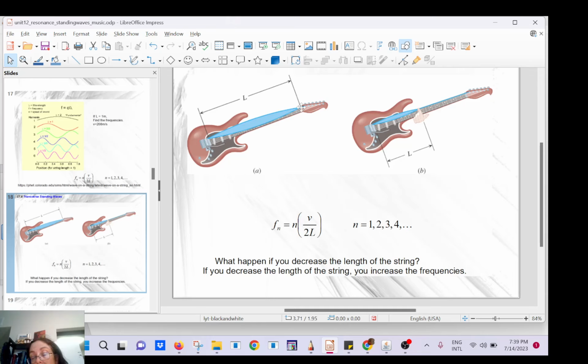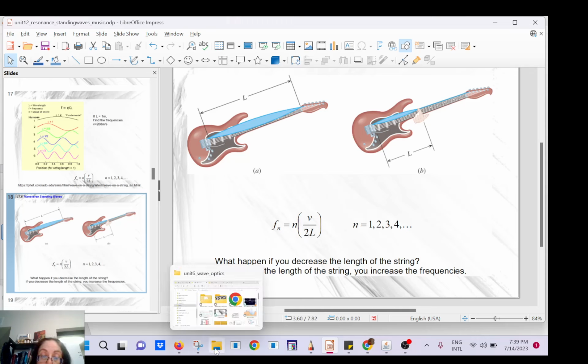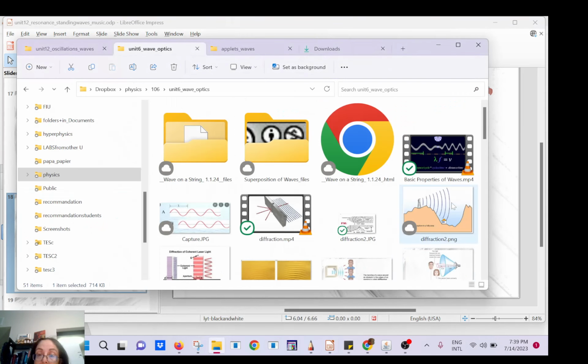The longer the string, the lower the frequency. So low frequency means larger length. And actually, it's also true for music instruments with wind.